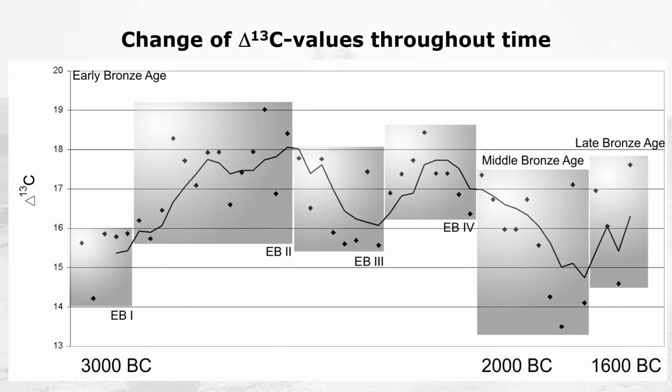Measuring a large number of barley grains from different sites, we can get an accumulated record of the stress signals of the plants during their grain filling periods. And as you can see here for the Middle Bronze Age, there is indeed increased drought stress in the plants during that time.